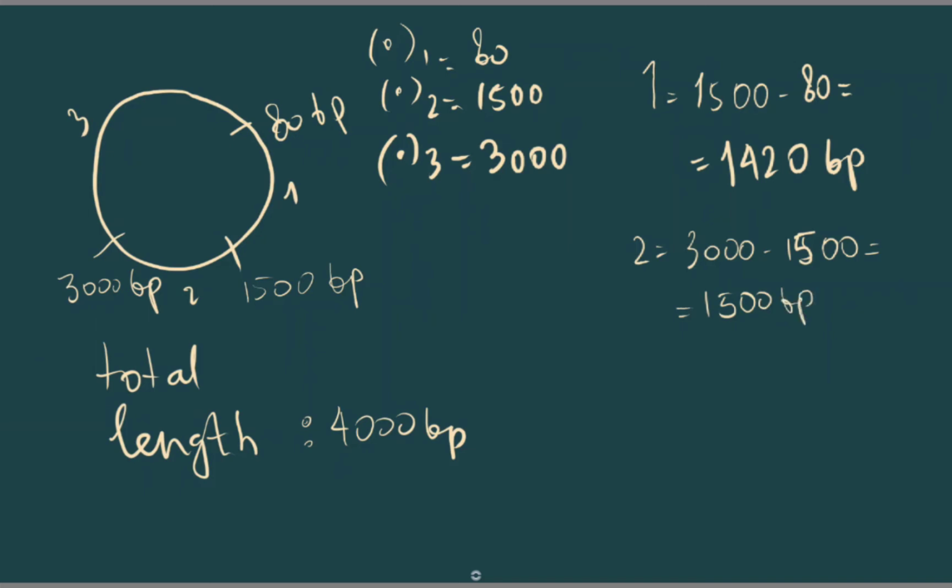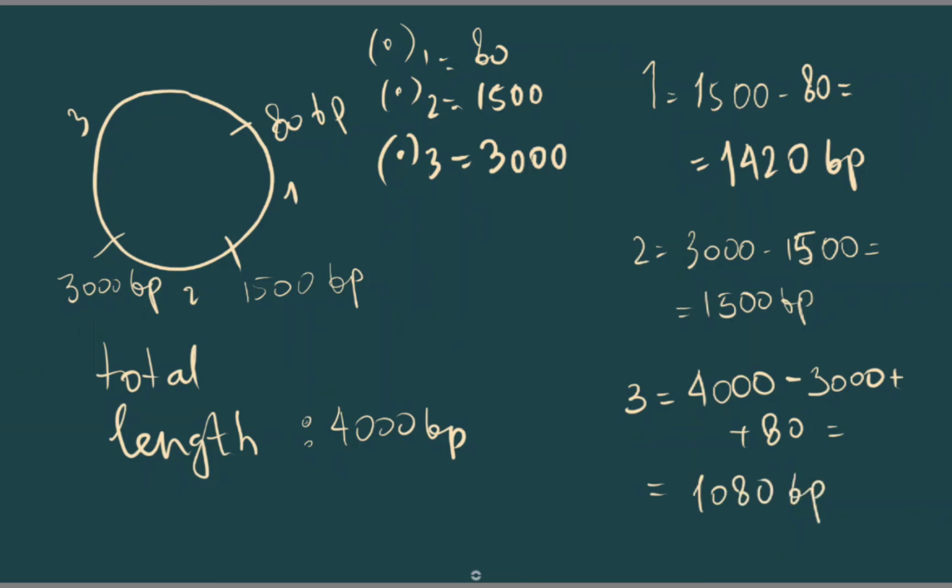And the third one will be total minus 3,000 plus the first one, 80, and it is 1,080 base pairs.